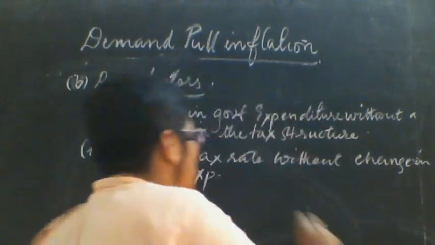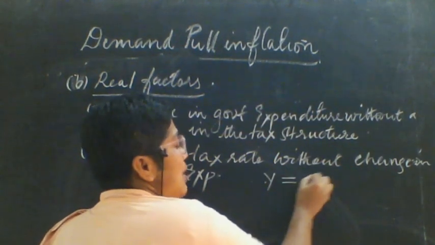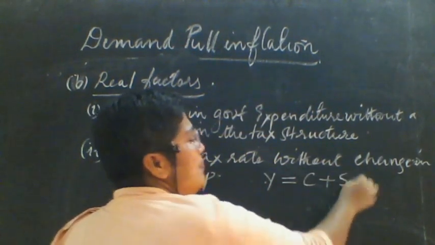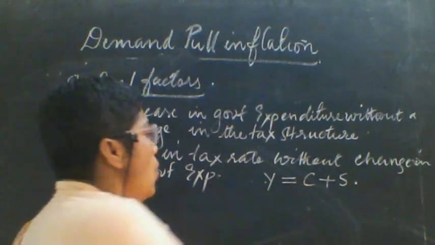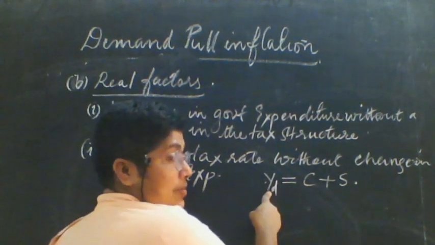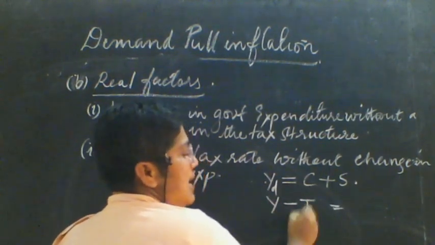So now disposable income will increase. Your income is allocated for consumption and saving. Now, what is YD? YD is Y minus T, that is income minus taxation.